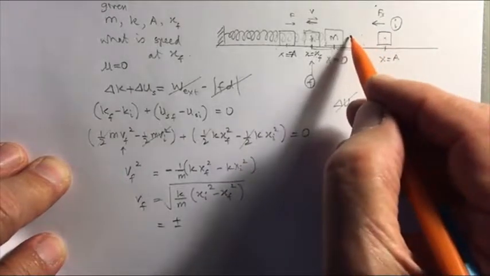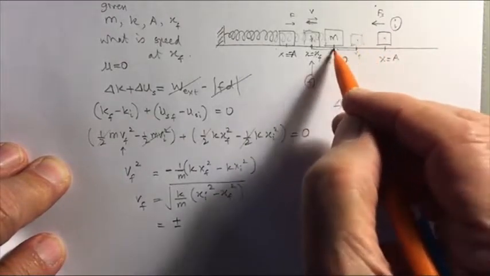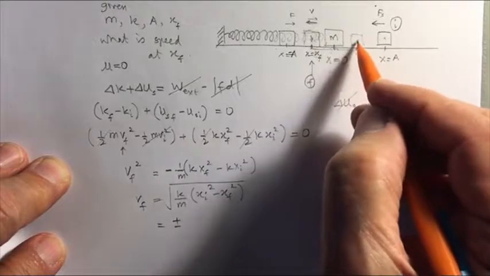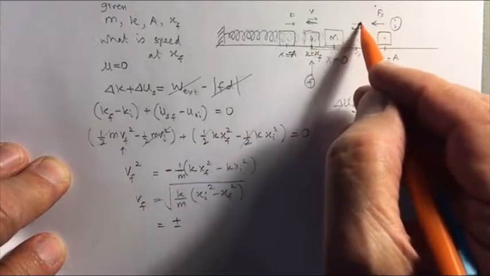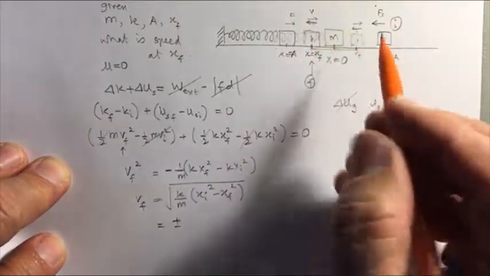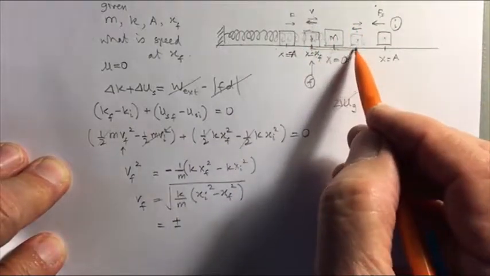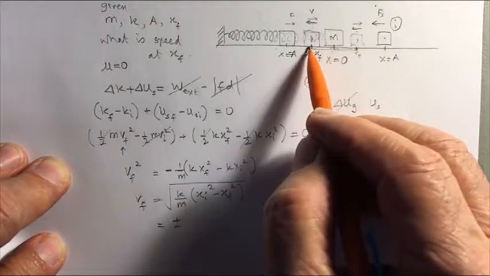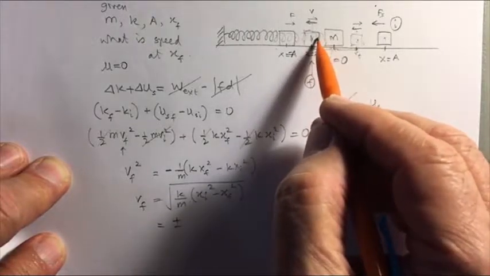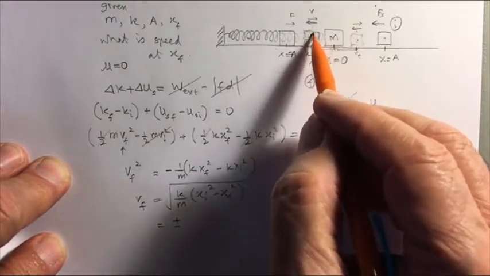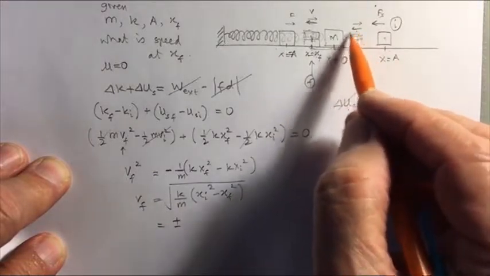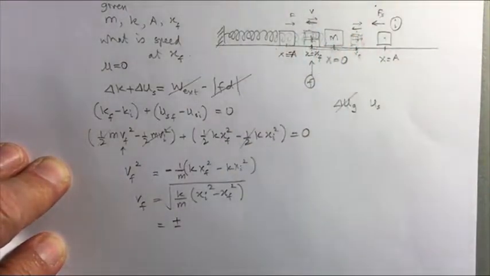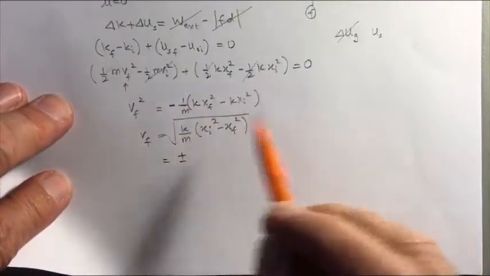And so the speed at the same distance on the right side as on the left side would also be the same. So if this is 1 centimeter away on this side or 1 centimeter away on this side, the speed going to the left or the right here would be the same as the speed going to the right or to the left here. All four speeds would be the same. So this is what we get for no friction.